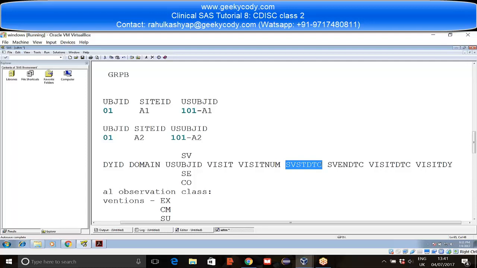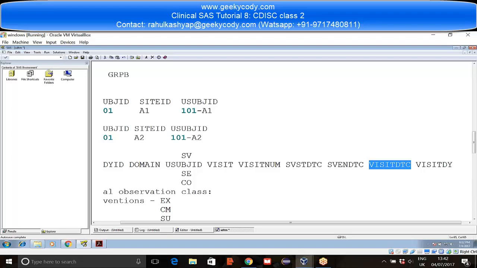When he first attended the site, that is the first date, and the end date is the last date when the subject visits. So many reasons can be there, like personal reasons, or on that visit they have to take some laboratory tests or take an ECG, but the machine is not working.